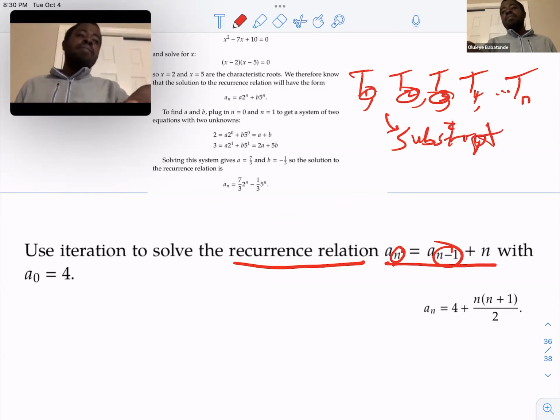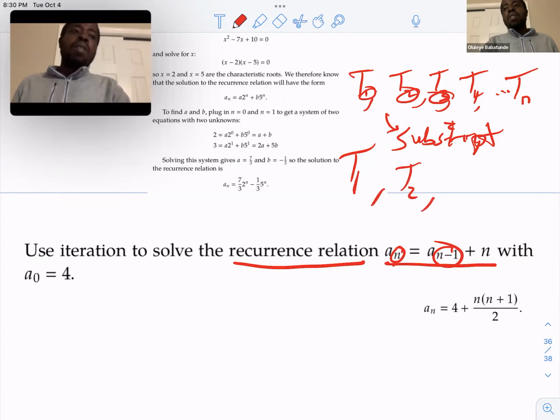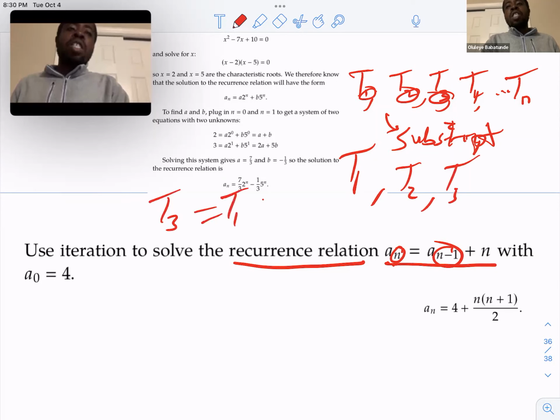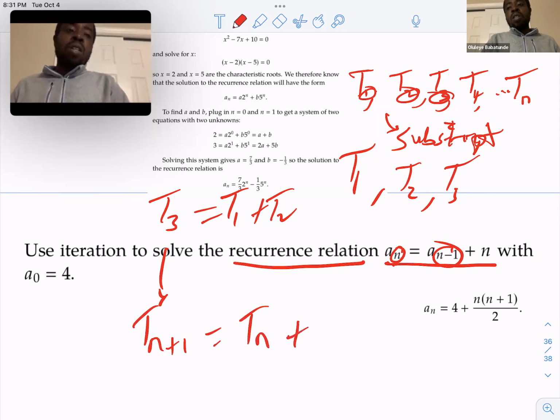So T1 is the first term, T2 the second term, T3 the third term, and I can define T3 in terms of T1 plus T2. That is possible, right? That means I can define Tn plus 1 in terms of Tn, the previous one, plus Tn minus 1.